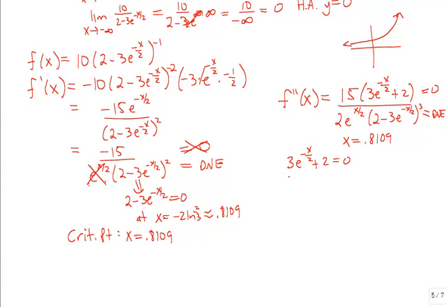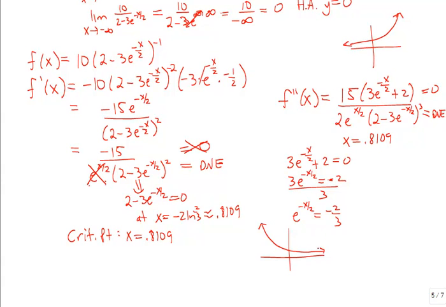So to solve, I would subtract 2 and divide by 3. And without spending too much time on this, think about this a little bit. e to the negative x over 2, the graph of that, is an exponential decay kind of graph because you have a negative up there. So this is a graph that looks something like this.